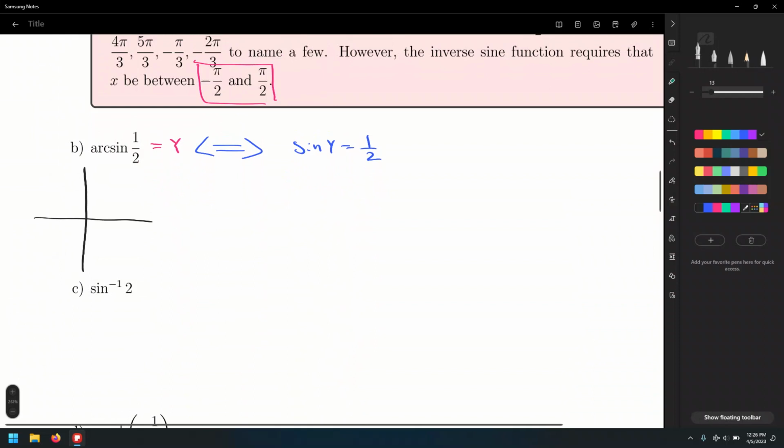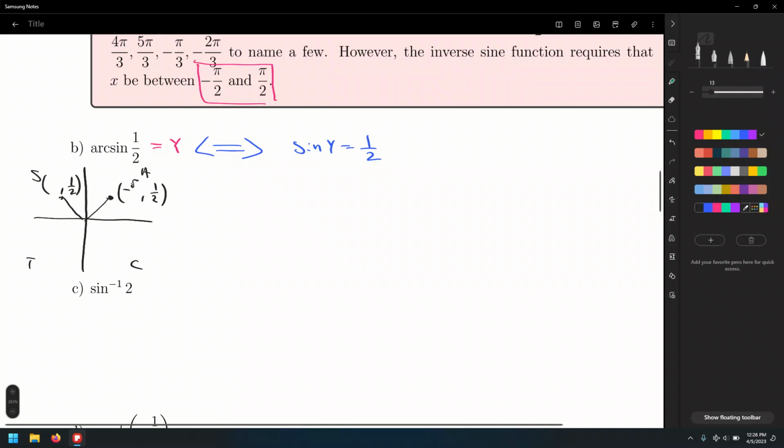However, notice the sign. All students take calculus. Which quadrants have the sine function positive? First and second, right? So we're looking for the ordered pair that contains the sine value of 1/2, and the other ordered pair that contains the sine value of 1/2 also.